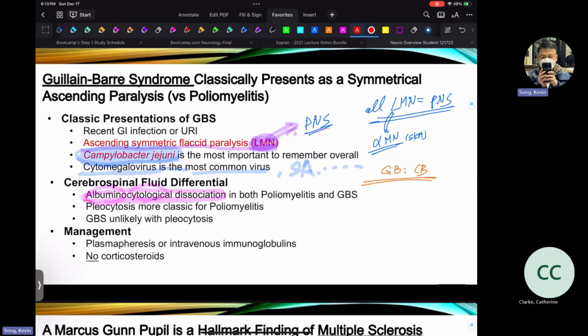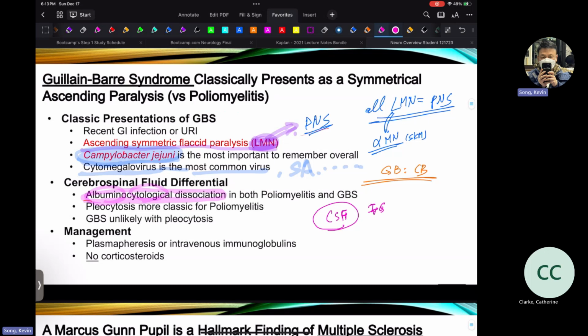So if you look at the CSF, what do you expect the IgG level in the CSF to be? This is a PNS problem. CSF is covering the CNS, right? So this has nothing to do with the CNS, only the PNS.